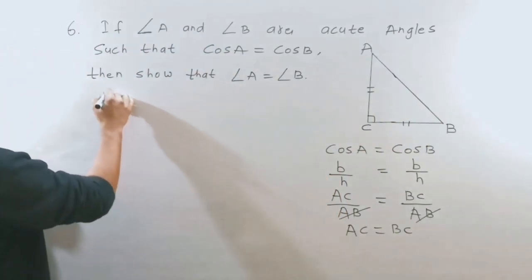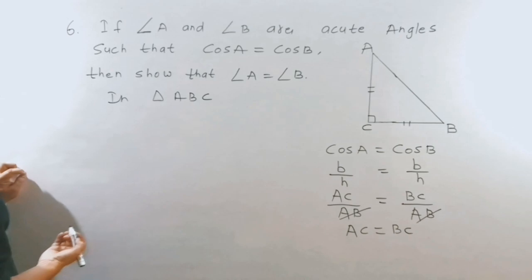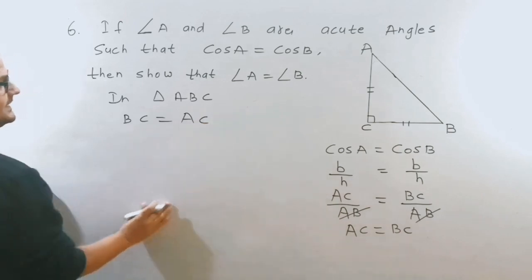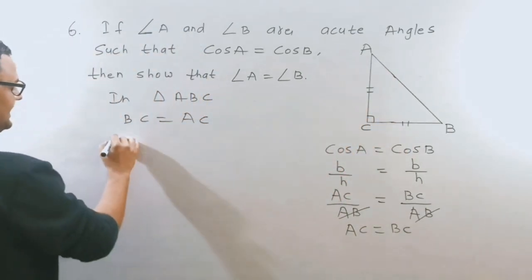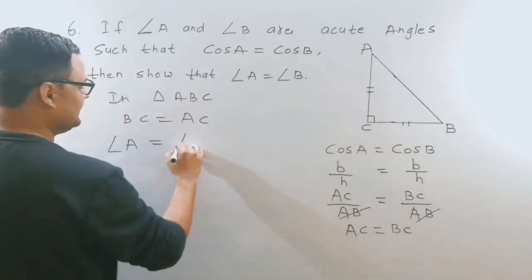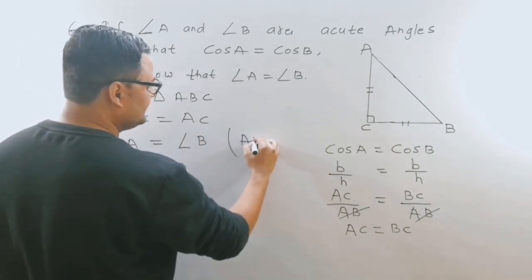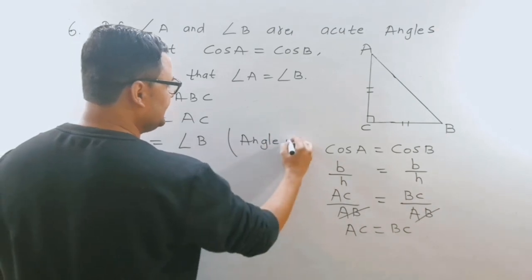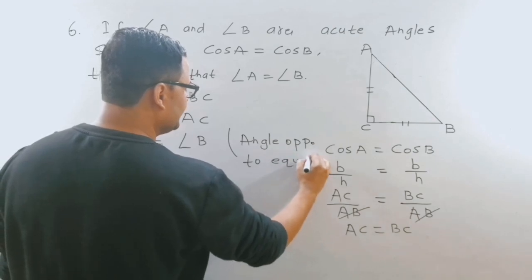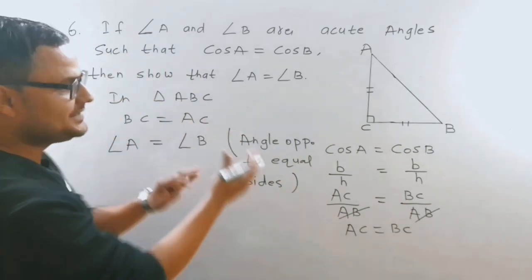So we can write here, in triangle ABC, BC equals AC, then BC's opposite angle is angle A, equal to AC's opposite angle, angle B. And if you want to write the reason, you can write angles opposite to equal sides, or you can also write isosceles property.